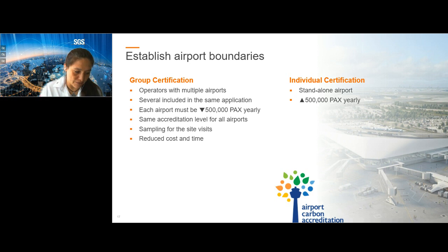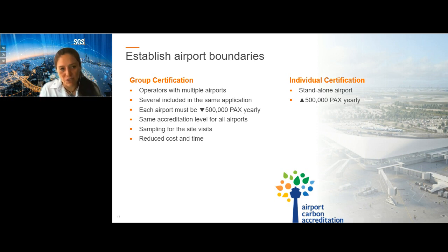Independent of the group certification, there's also a model within the Airport Carbon Accreditation that is in the manual. It's not very obvious, but it exists. That is an airport operator that has several airports, maybe big, no problem. If they are all undergoing an audit in more or less the same time frame, not all need to be visited, because you can do a sampling to cover at least 50% of the emissions.